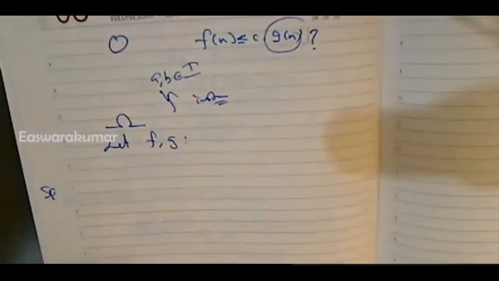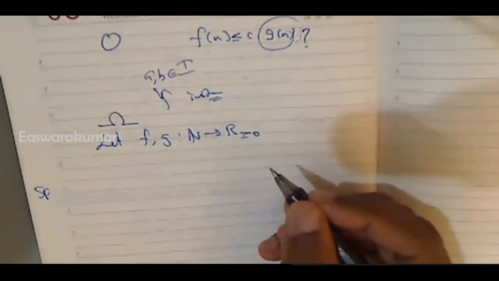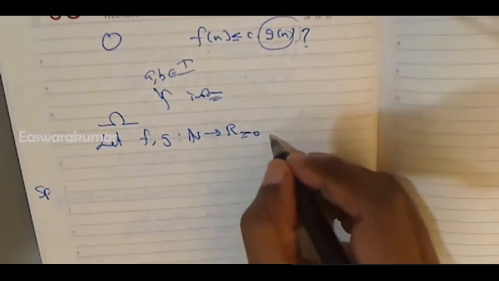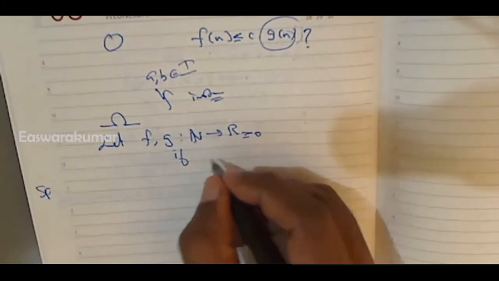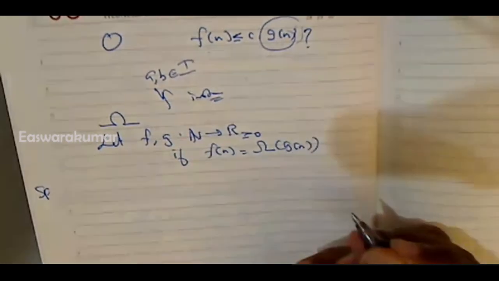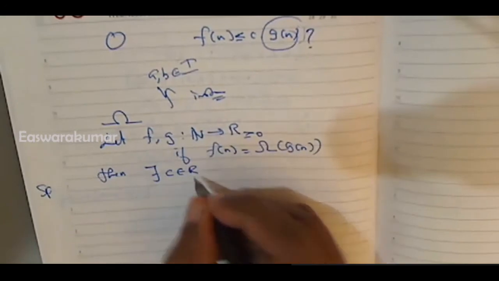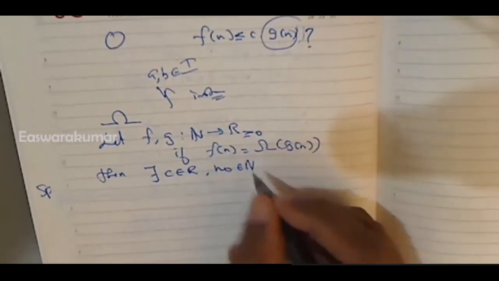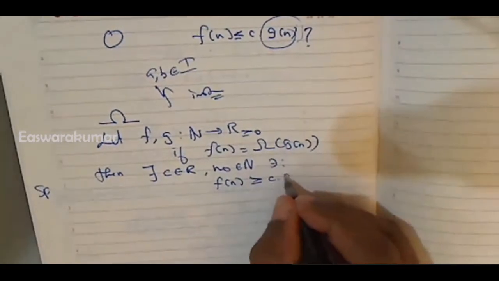Let f and g be two functions from the set of natural numbers to the set of non-negative real numbers. If you say f of n is equal to omega of g of n, then there exist constants c belonging to R and n naught belonging to N such that f of n is greater than or equal to c times g of n.